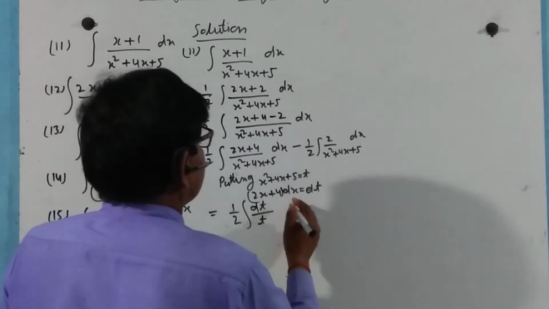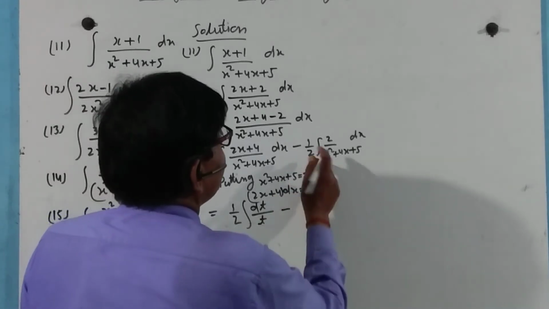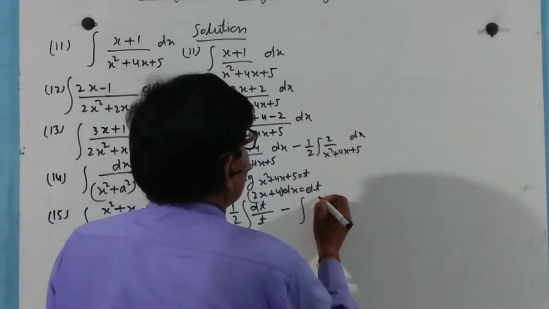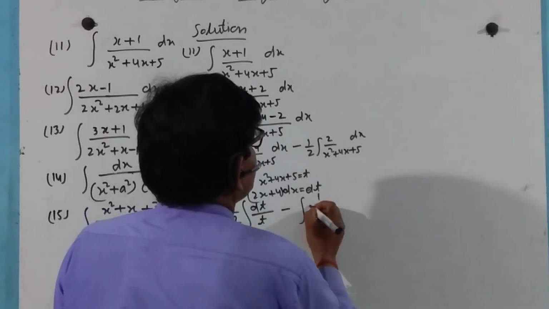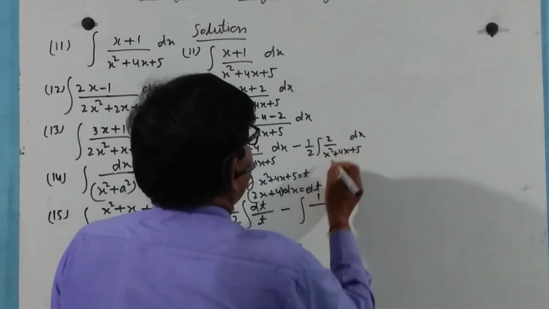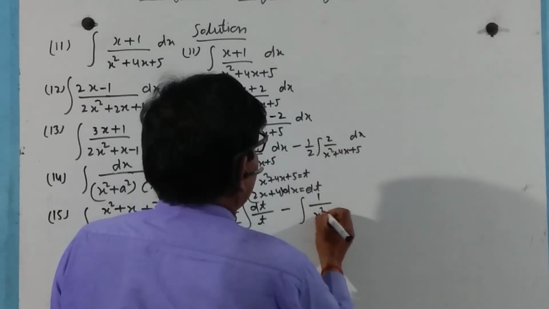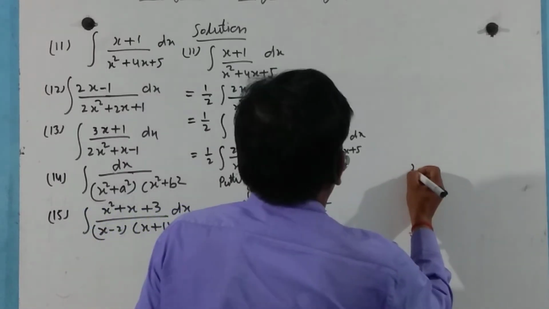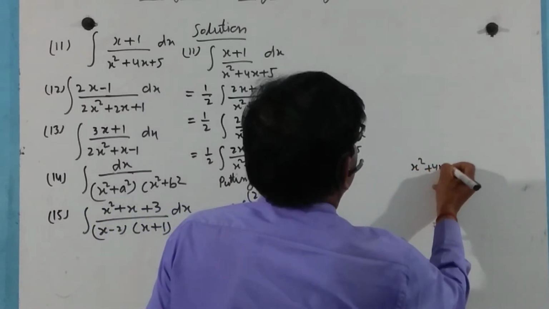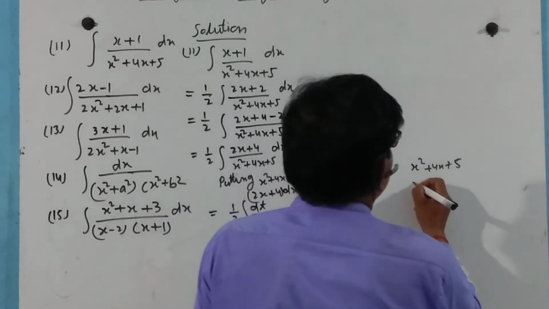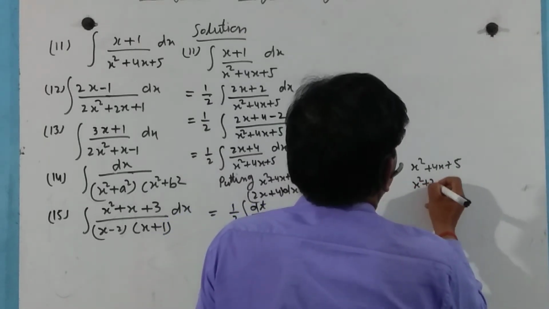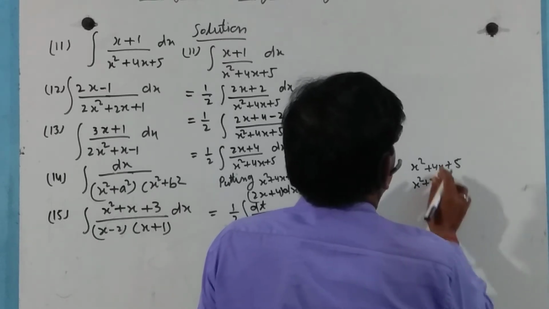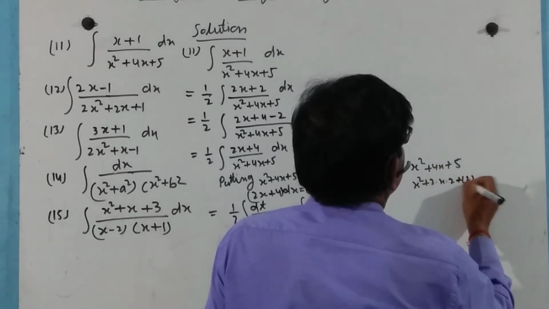Now minus, in this case 2 and 2 cancel, so this is equal to 1 by x square plus 4x plus 5 here. This can be written as x square plus 2 into x into 2, plus 2 square.